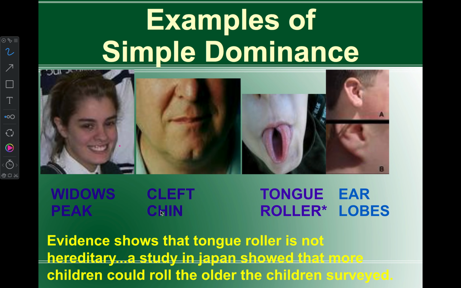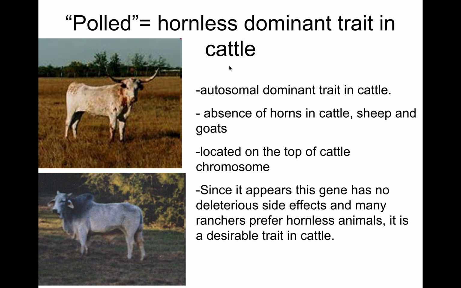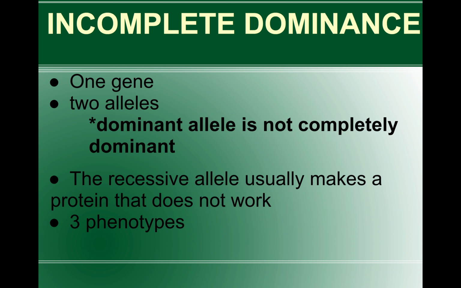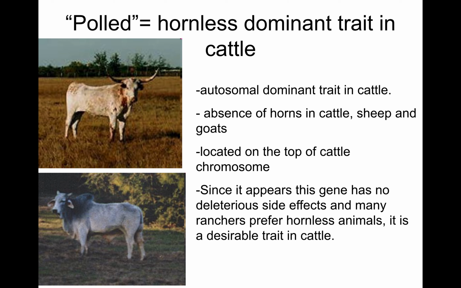It's one gene, you can have A or B, etc. And here we have our hornless cattle, or non-hornless cattle, and it's still just one gene. But not everything is like that. Not everything fits that mold.